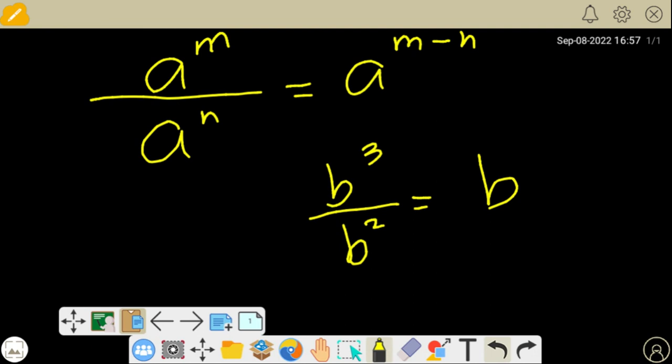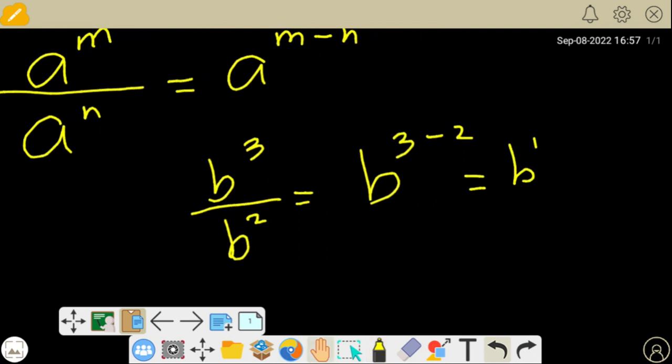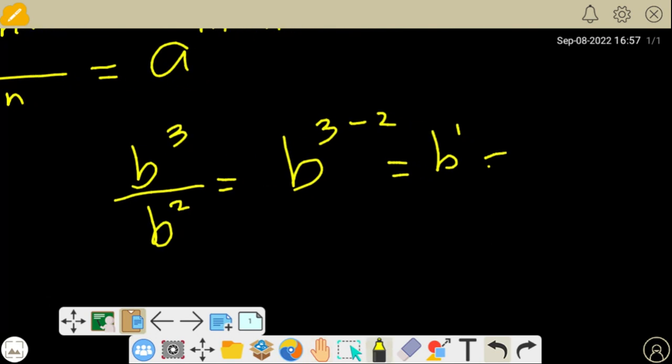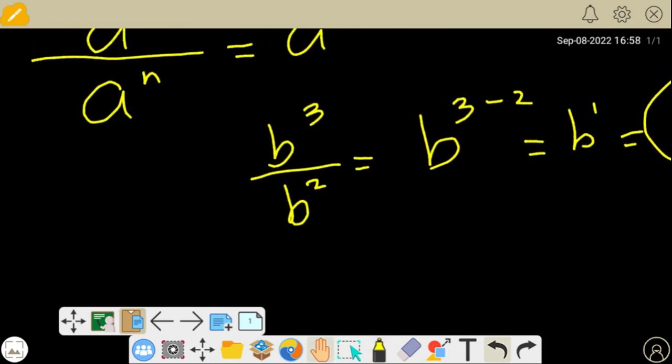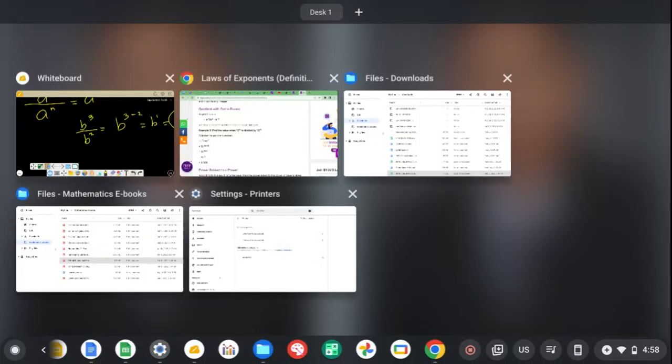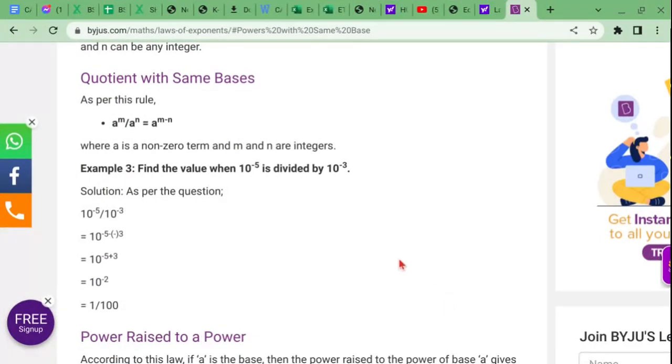So the exponent of the numerator minus the exponent of the denominator. So 3 minus 2 is equal to b raised to 1, or in some way it can be written as b. So that is another rule of exponents.